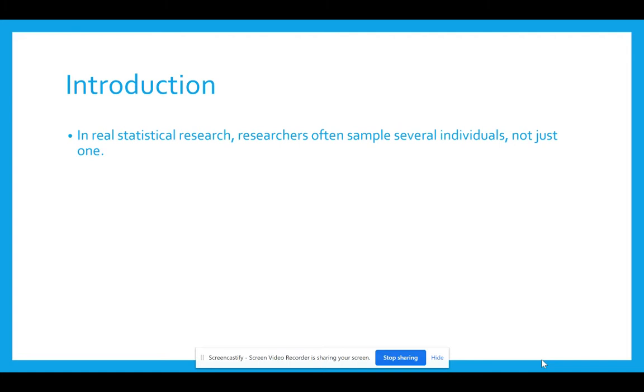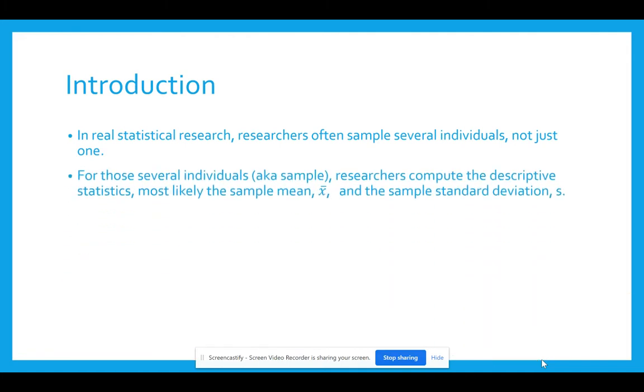But that's very impractical when you're doing true statistical research. In most cases, you're going to be sampling several individuals, ideally 30 or more. When we gather those several individuals together, remember, that's called our sample.